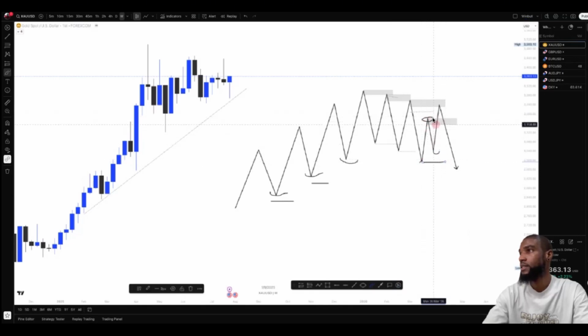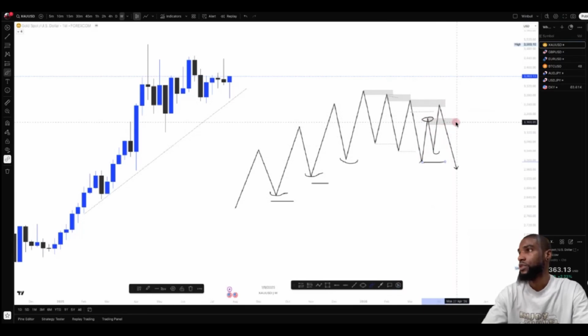That is why it is not a valid supply zone. It would have been valid if there was a break of structure again to the downside. But since it failed to break structure, price used this as liquidity, tapped into our POI and then dropped. So this would have been my target.